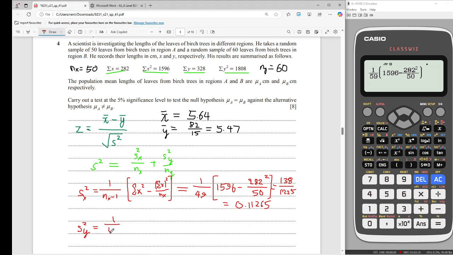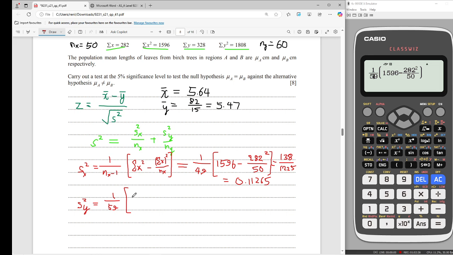Actually let's just write this here first. 59 multiplied by sum of y squared, which is 1808, and this is subtracted with 328 whole squared divided by number of terms of y, which is 60. Just like that we'll find our S2 of y. So just plug in the values.